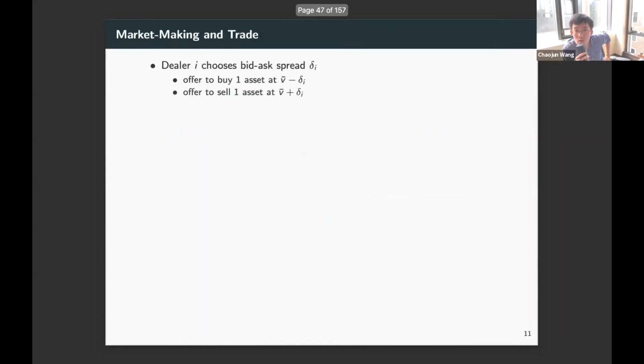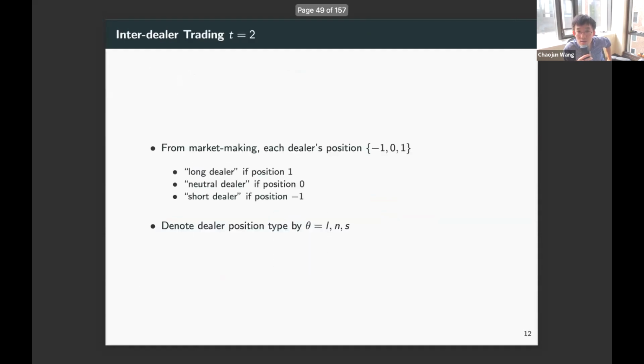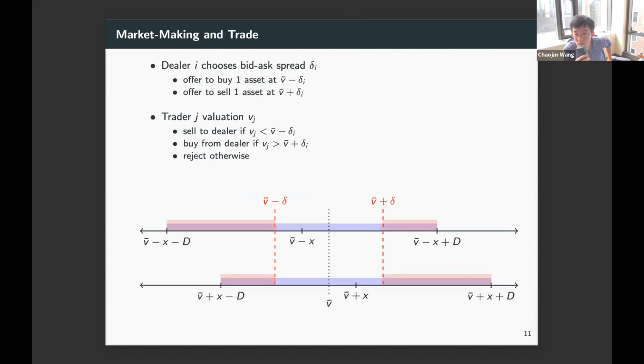Another question is, are the dealers required to post a bid price of V bar? The reason I'm asking is that by looking at this picture, it seems that if they shift their mid price, let's say to the right, so that they shift both the ask and bid, they can potentially get a more precise posterior belief about the common value of the asset.